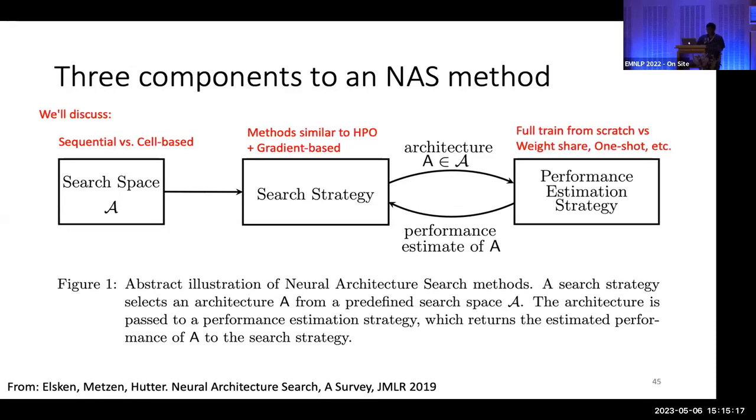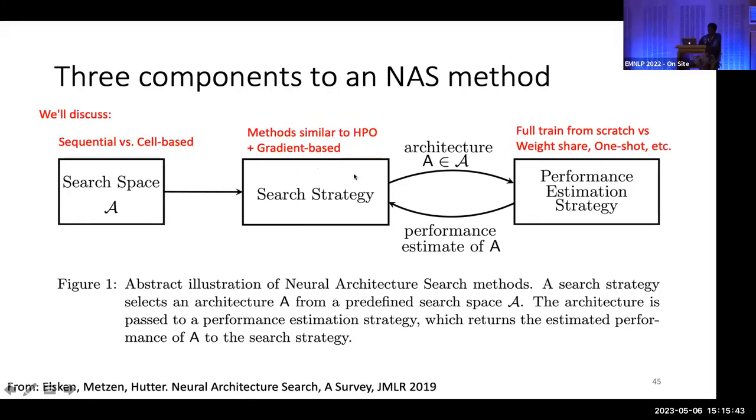All right, so what we'll discuss today is I'll go through a few representative differences. So we'll talk about 2 different kinds of search spaces. One is sequential, one is cell-based. We'll talk about different search strategies. For the most part, the search strategy is the same as what you have in HPO. So people use the same thing. They use Bayesian optimization.